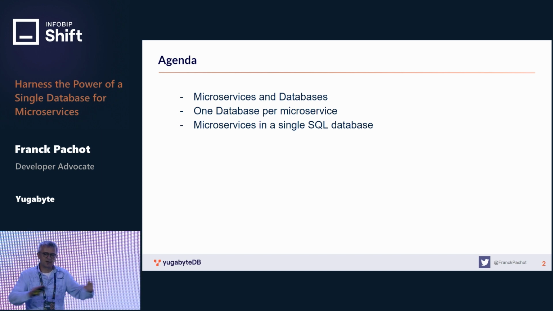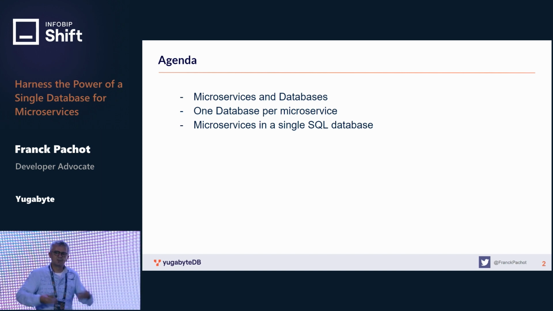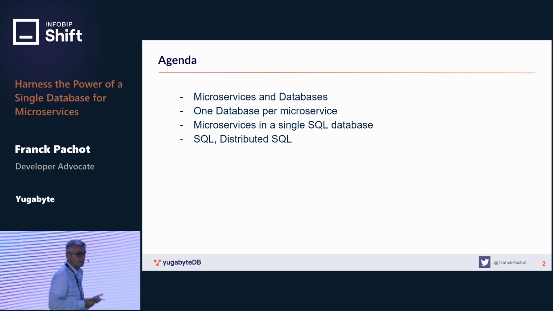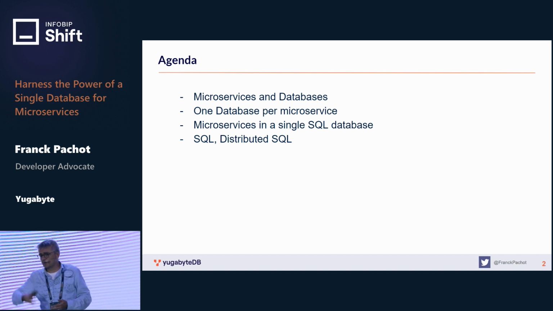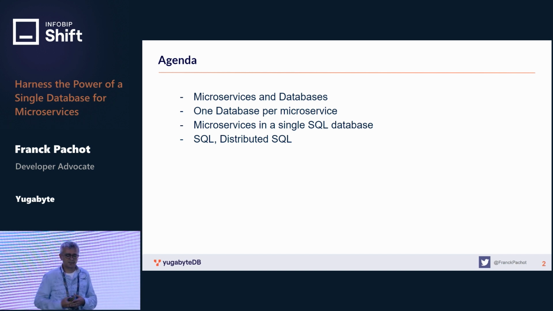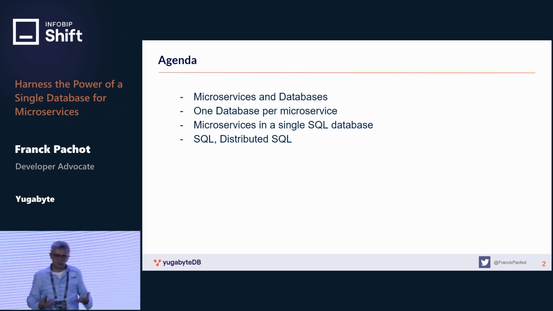I'm not saying all microservices, one database, but maybe a few ones. And then we will see the features that you have in relational databases, in SQL databases, in distributed SQL database that can help to do that.